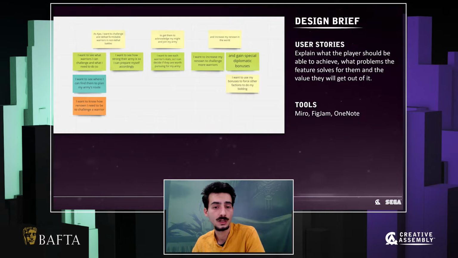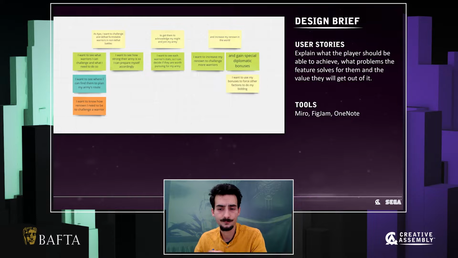Another useful tool that is often used are the user stories. User stories help give a general explanation of a feature, and they're usually written from the perspective of the player. Now, we use them in order to explain what the player should be able to achieve, what problem the feature solves for them, and the value they will get out of it.